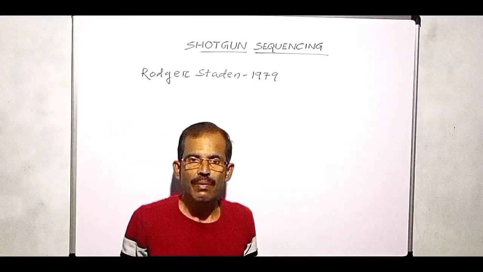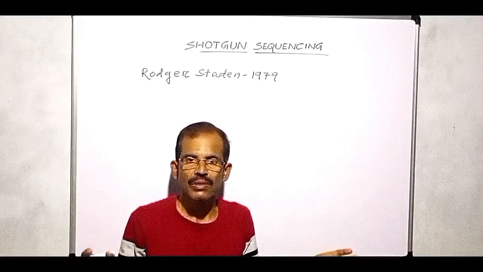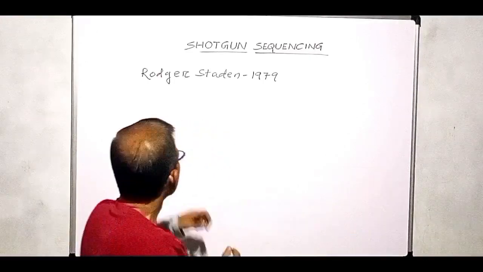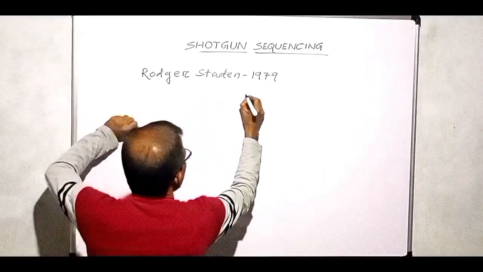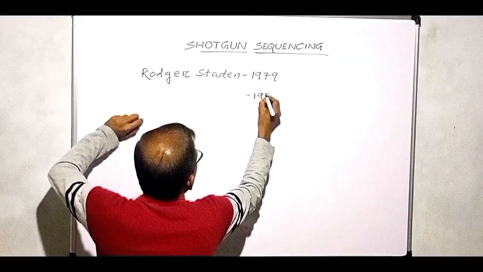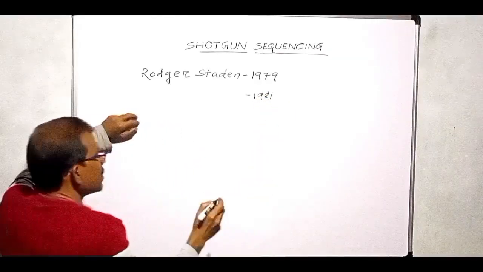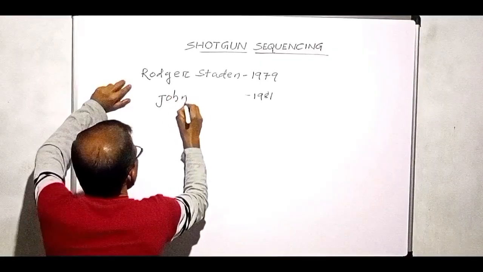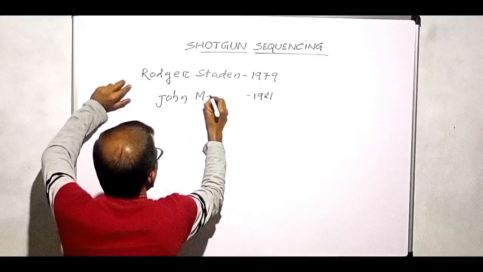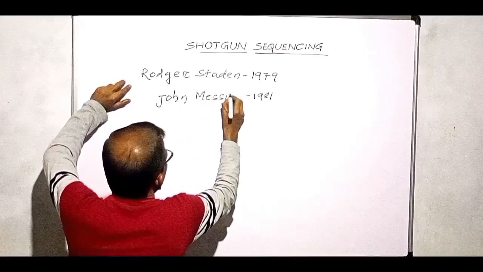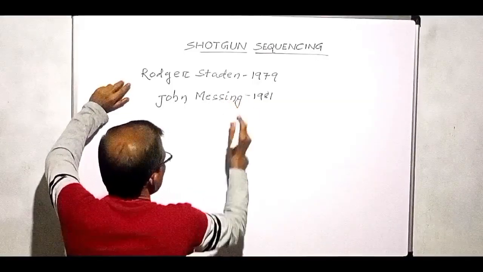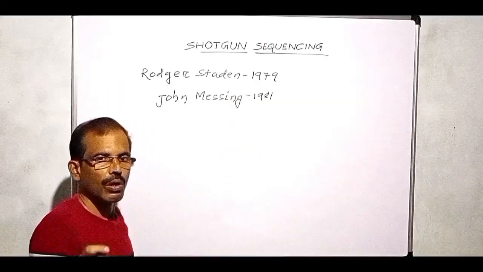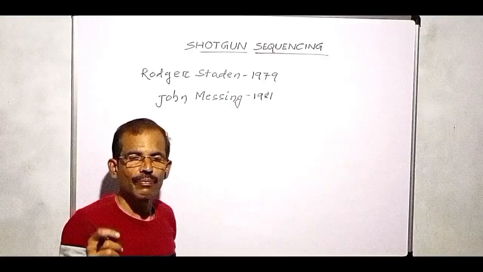He also developed the first DNA sequencing software. In 1981, John Messing developed the first shotgun sequencing protocol using M13 phage vector.